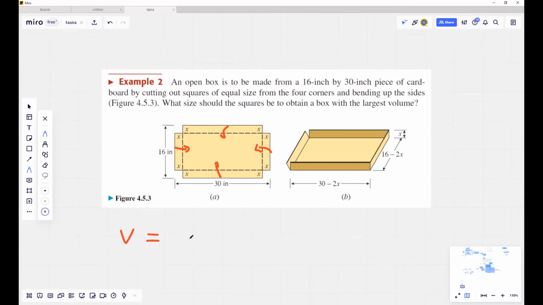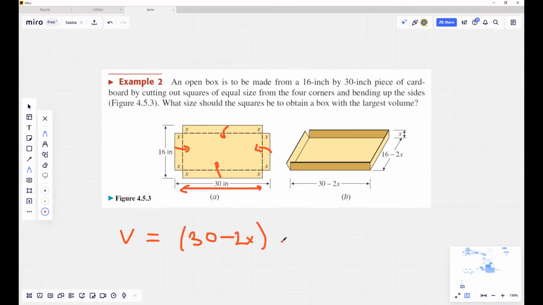That function is a function for volume. Let's take a look at our box. Then this side length is equal to 30 minus 2x. Since we have this side length on the original rectangular region as being equal to 30, if we cut out those parts, this side length is now going to be 30 minus 2x.